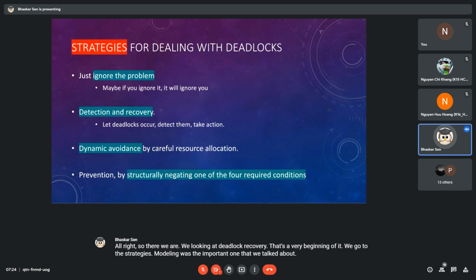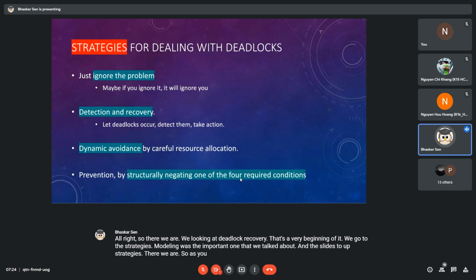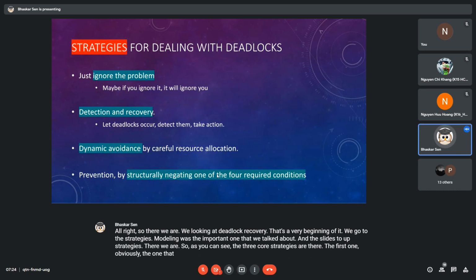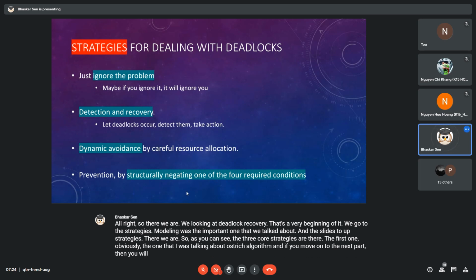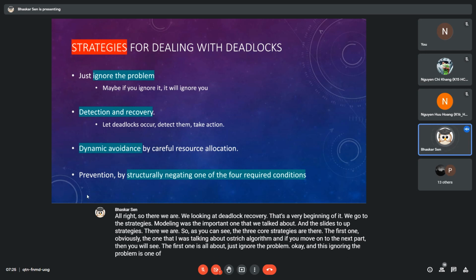There we are. So as you can see, the three core strategies are there. The first one, obviously the one that I was talking about, is the Ostrich Algorithm. And if you move on to the next part, then you will see the first one is all about just ignoring the problem. And this ignoring the problem is one of the key things that we will do.